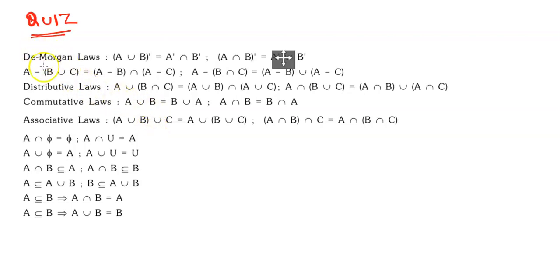There are various properties which sets follow, for example De Morgan's laws, distributive laws, commutative laws, associative laws, and so on. We will take these one by one, but let's do it as a quiz. Can you use Venn diagrams to prove these properties of sets?